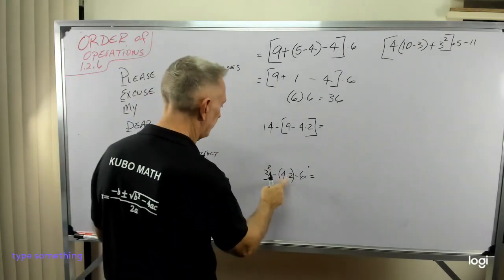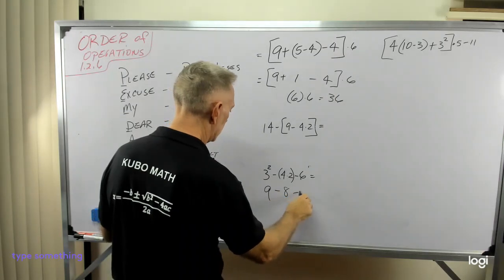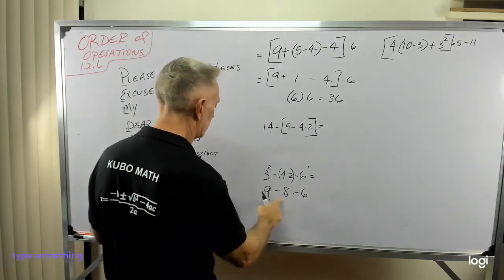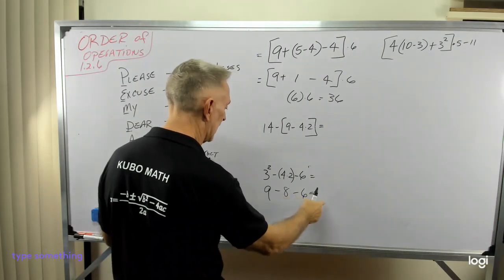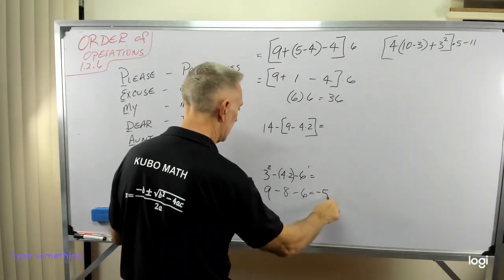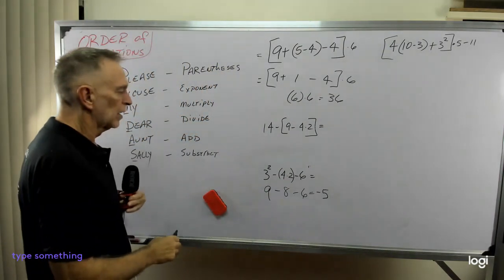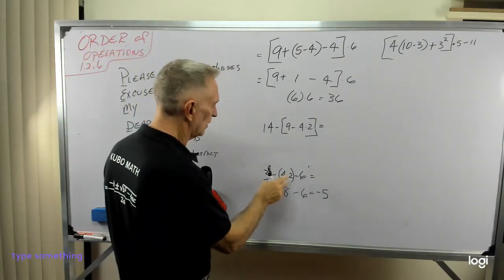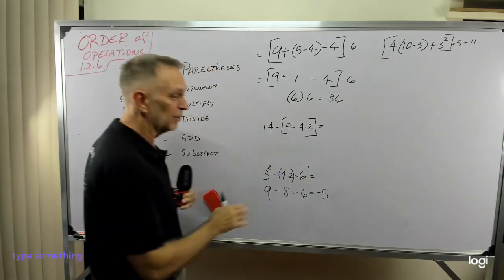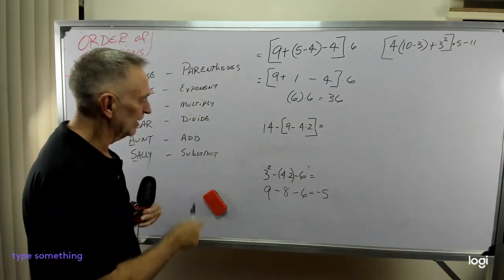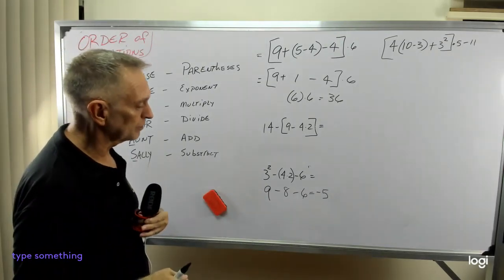So now 4 times 2 is 8 minus 6. So 9 minus 8 is 1. 1 minus 6 is the same as plus a negative 6, which gives me a negative 5. But if we had taken 2 minus 6 as a negative 4, we would have had a really weird answer here, and it would have been incorrect.